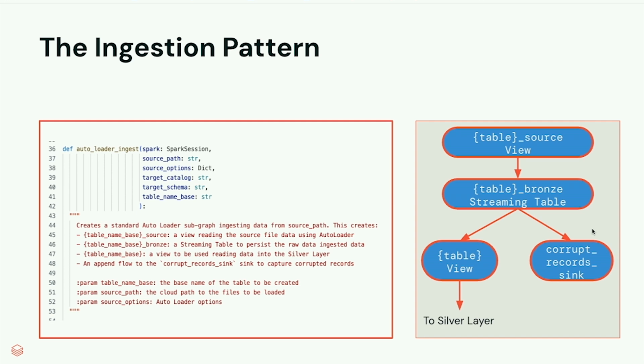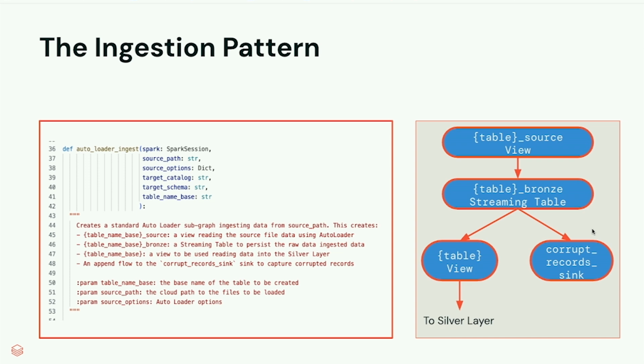As I just mentioned, a key part of our recipe is the metaprogramming capabilities of DLT. And I want to apologize if the text is a bit blurry. We should have tested this in production earlier. But as they say, it worked on my computer. And so we have the autoloader ingest function, which essentially establishes a repeatable pattern for file ingestion.